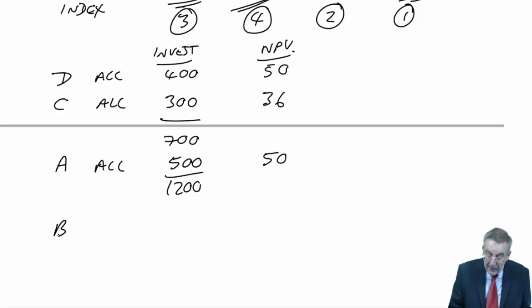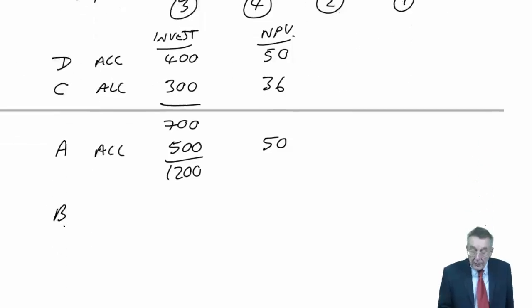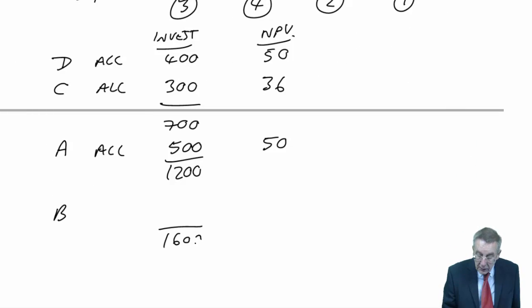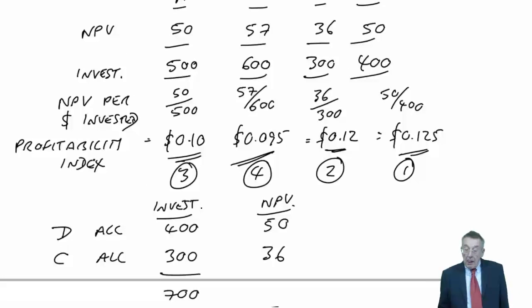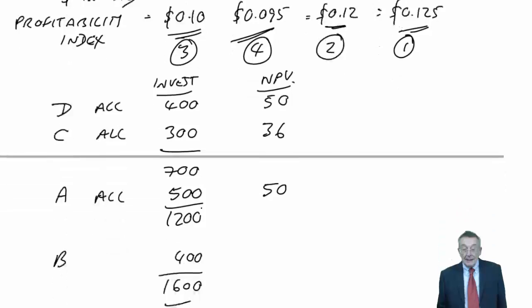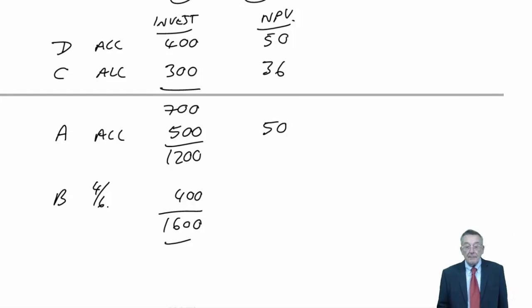The next best is B. But here, of course, is where we're limited. We've only 400 left out of the total. B requires 600. And so we'll do 4/6 of B. And what NPV will we generate?